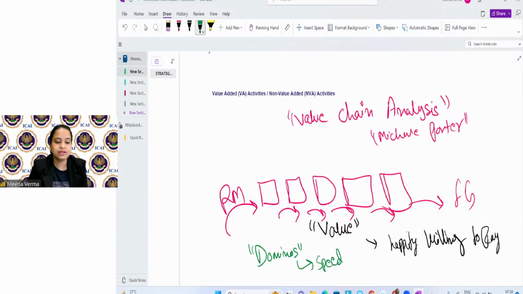What happened in case of Domino's, you just order a pizza, you will get it within half an hour, even less than half an hour. So speed of delivery. Same happened in case of McDonald's, Burger King. The speed of delivery is very good. They are famous all across the world just because of their speed of delivery.